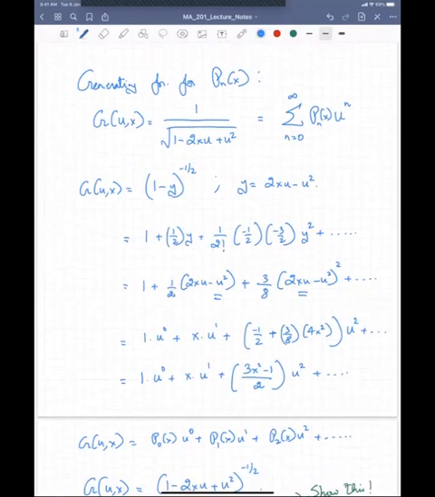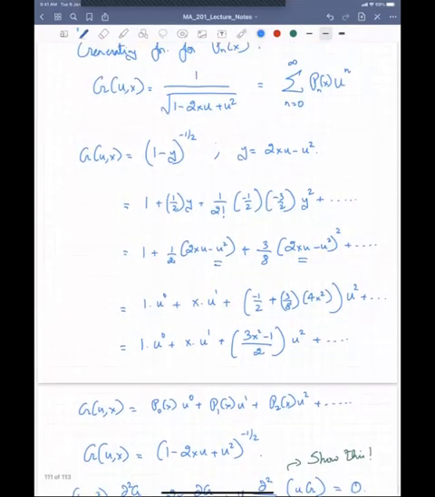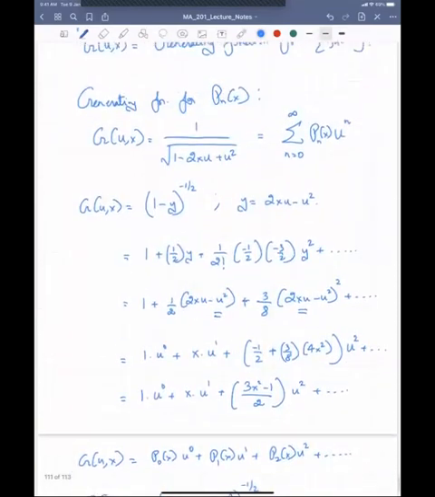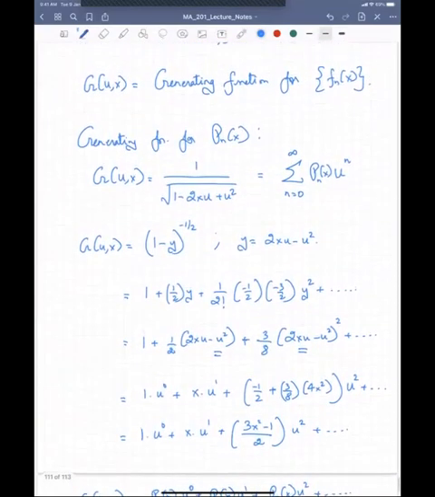So this is why things like these are far more useful than looking at the series and figuring out the recursion relations and then figuring out the Legendre polynomials term by term, because it is far easier to deal with a simple function and simply look at the binomial expansion of that function and extract whatever you want.